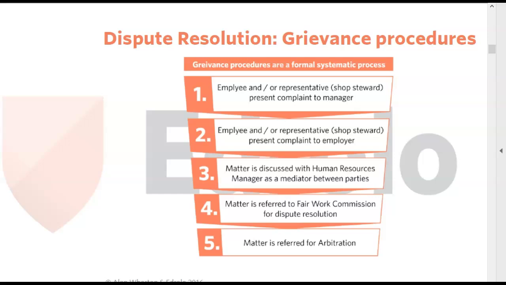And step five, if the matter referred to the Fair Work Commission isn't successful under mediation, the matter is then referred for arbitration, where both sides of a case are argued, and the judge then makes a decision as to which side is awarded the victory in the case.